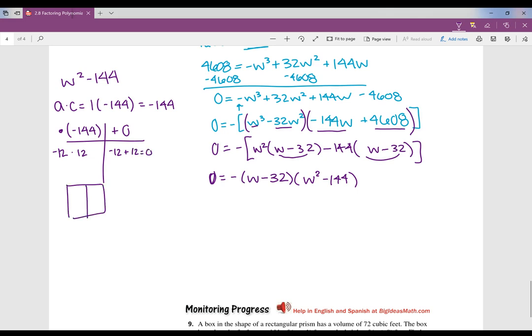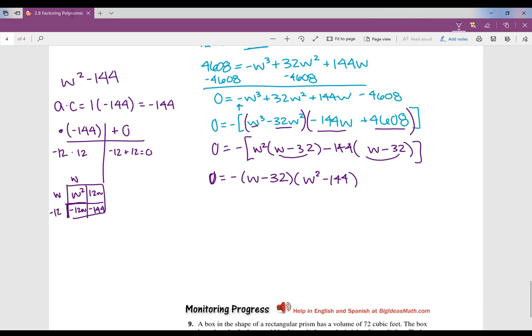So if we make our box, we have W squared minus 144. Then we're going to split up 0 to be 12W, negative 12W. So what do W squared and 12W have in common? W. If that side's W, then we need another W up here to get W squared. If that side's W, what's this side going to be?